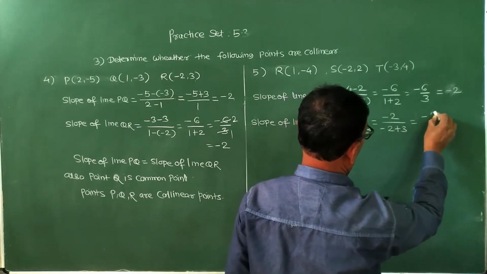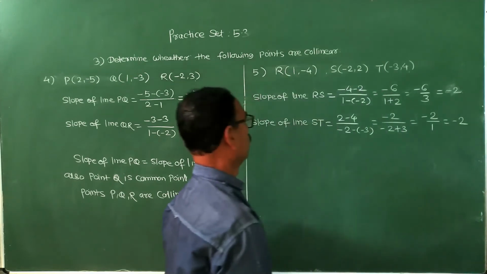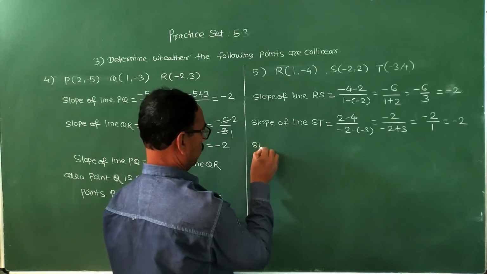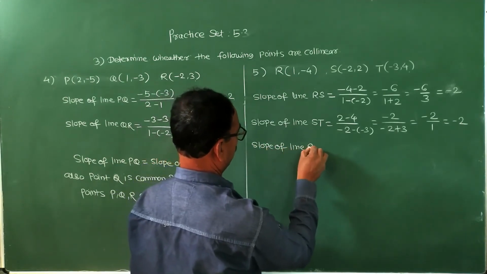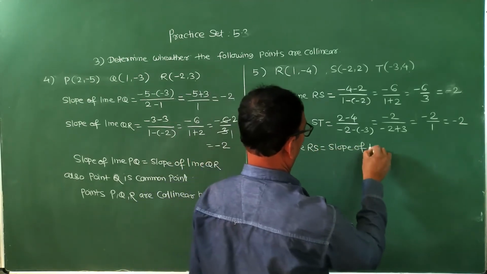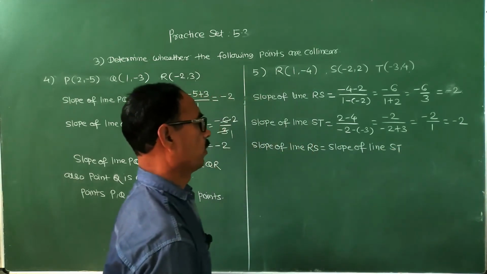This will be minus 2 upon 1. This is minus 2. So slope of RS is equal to slope of ST. Slope of line RS is equal to slope of line ST, and point S is common point.